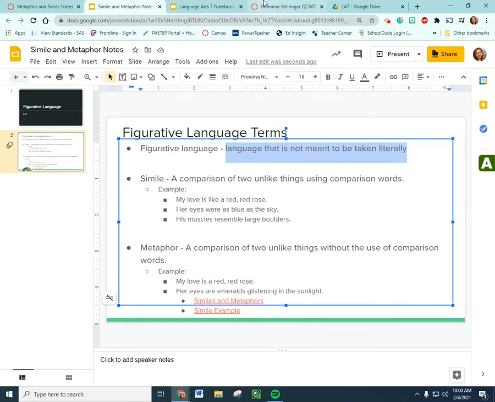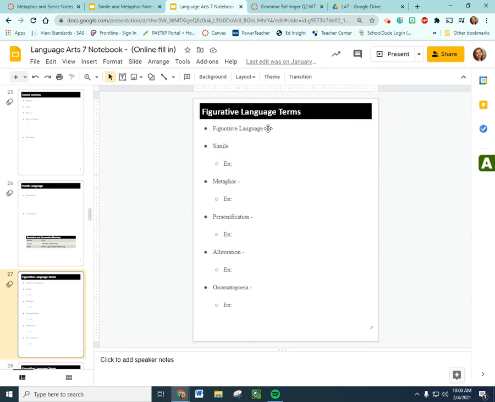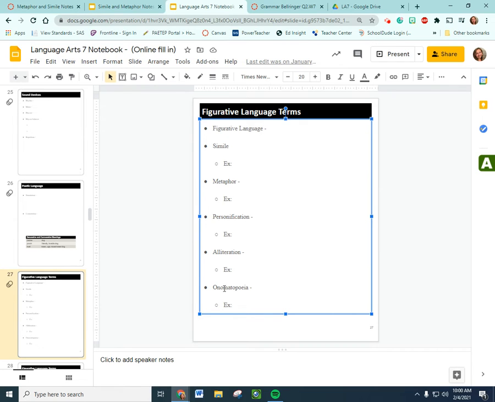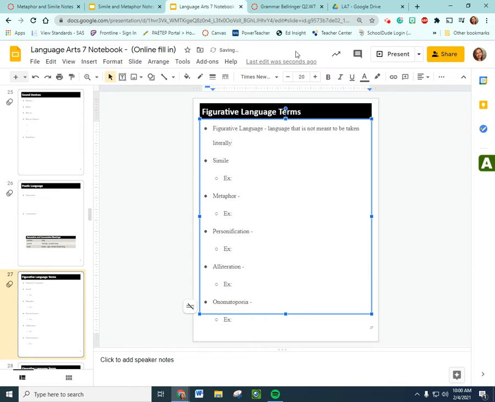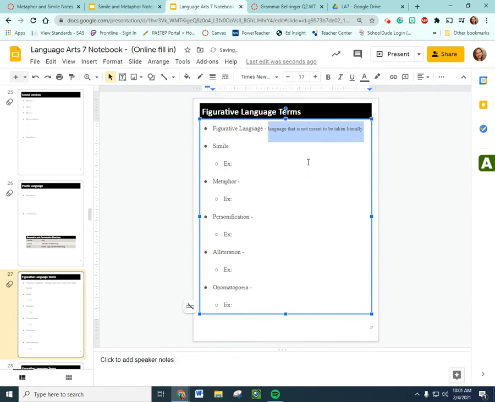So we're going to copy that definition and paste it into our notebook. And all of these types down here at the bottom are types of figurative language: similes, metaphors, personification, alliteration, onomatopoeia, and that goes on to the next slide as well. Those are all different types of figurative language, language that is not meant to be taken literally. I'm going to make that a little smaller so it fits on that line.